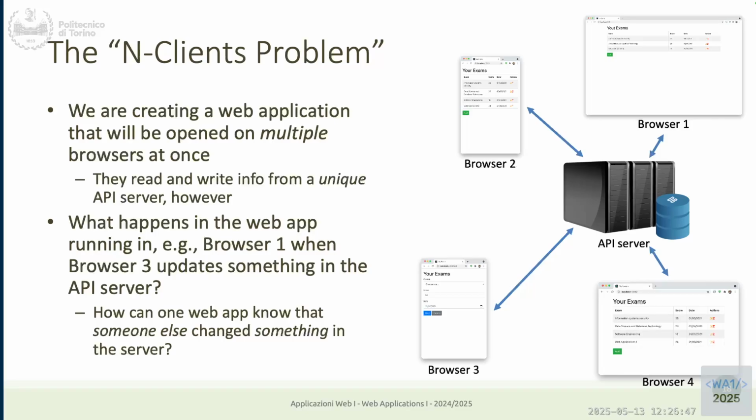The client cannot do that, because the client knows the last ID of the question that he saw some time ago, but he cannot know whether in the meantime some new question appeared. So that may not be the real last ID. It was the last ID some time ago, but maybe something happened in the meantime. So in this case, the sequential number, the last ID, should always be set by the server.